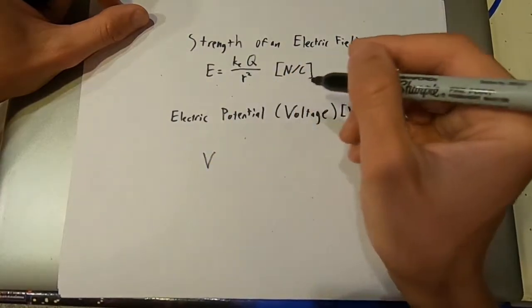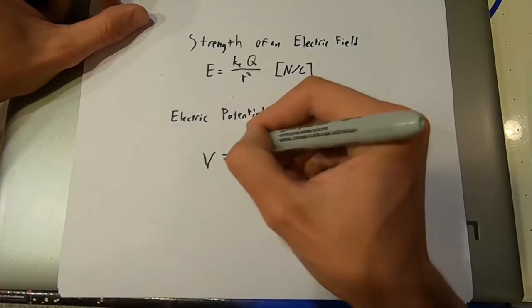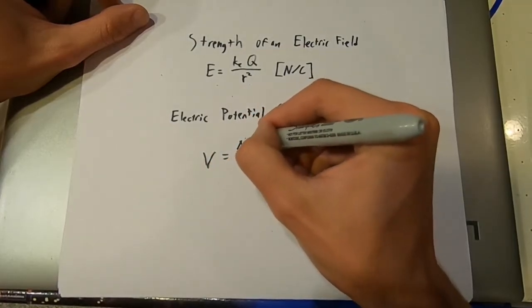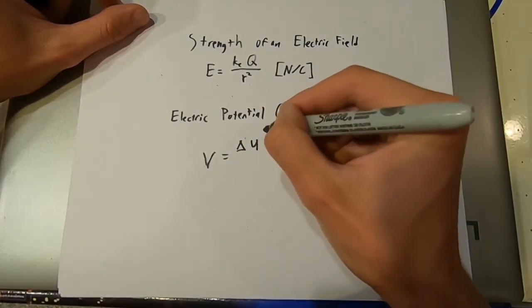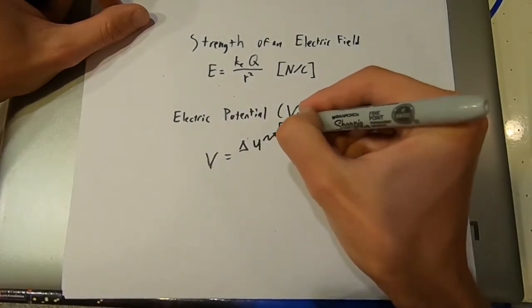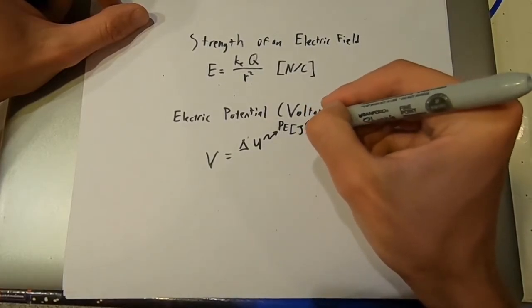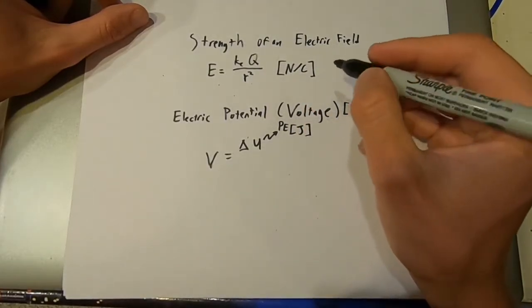Another way of saying it is the change in potential energy. So this U here denotes potential energy, which is measured in joules. That will come into effect later.